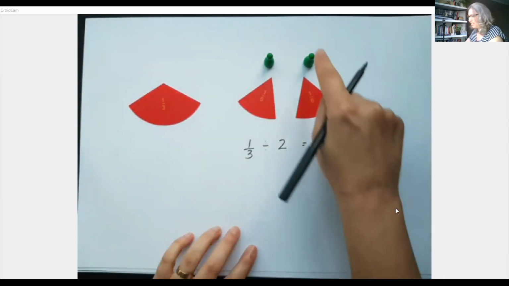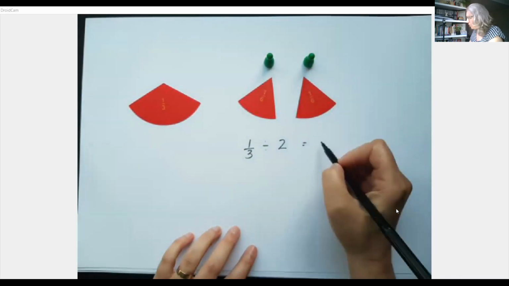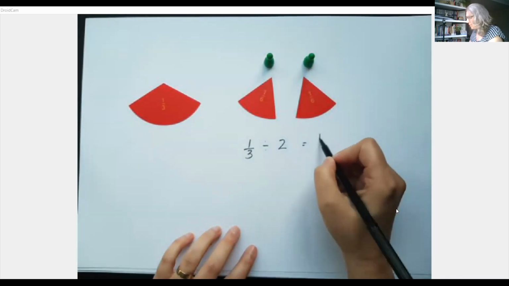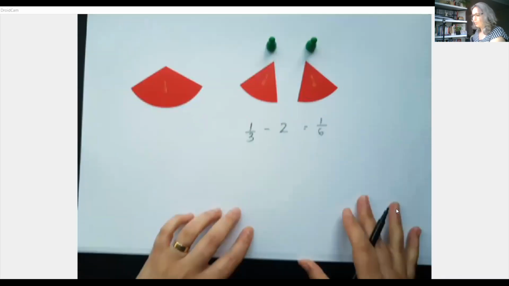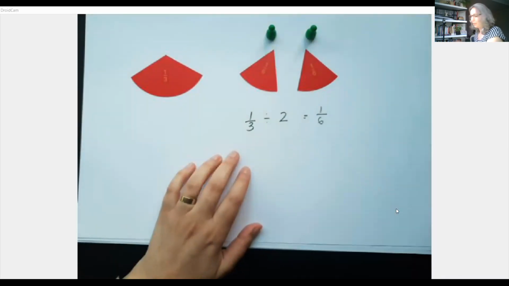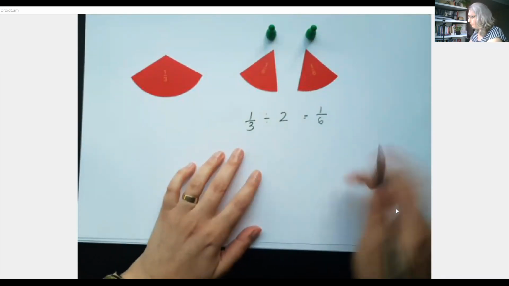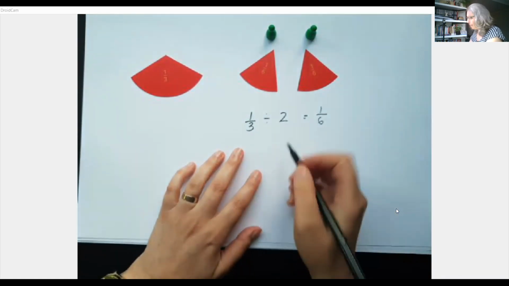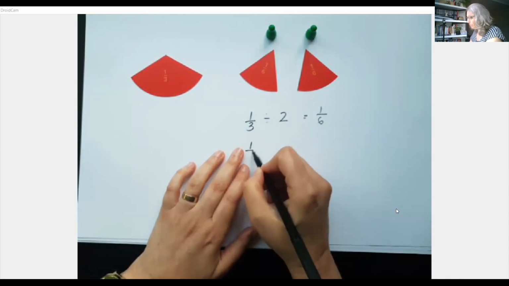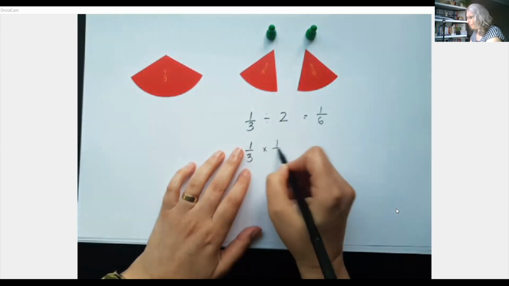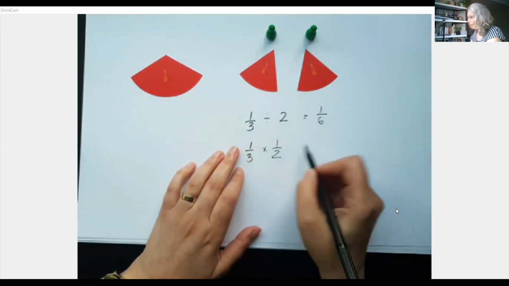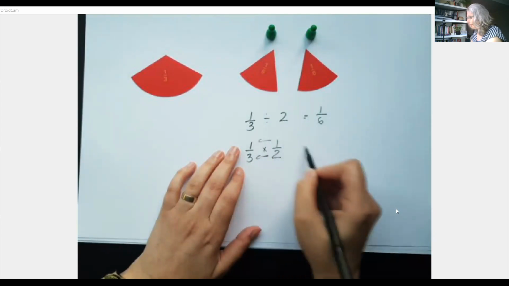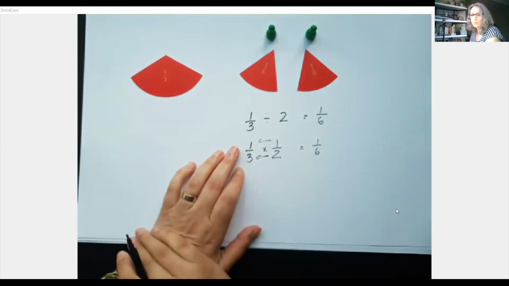And the answer is what one gets, right? Each person will get 1/6. And if you can think back to your own primary education, the rule with division and fractions was invert and multiply. So basically what we've learned to do was this, and then multiply this way, and what we get is 1/6.